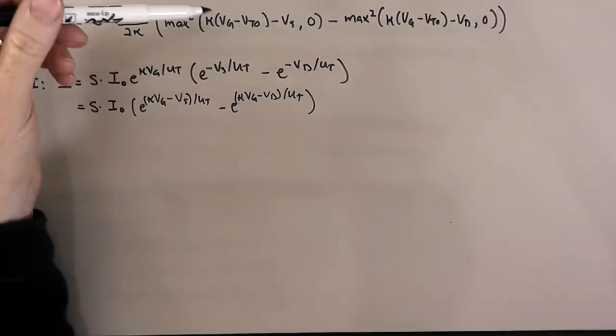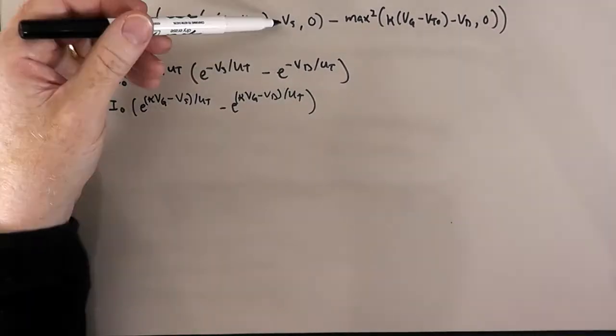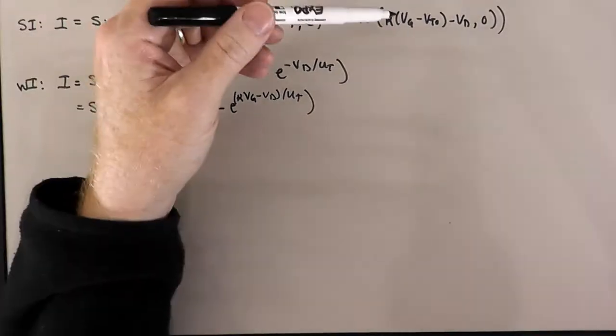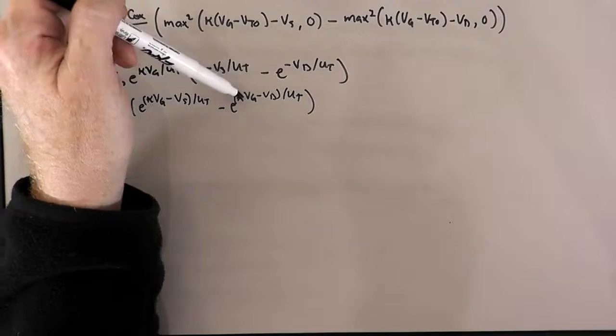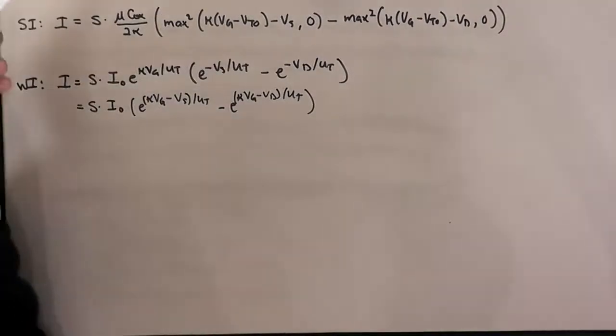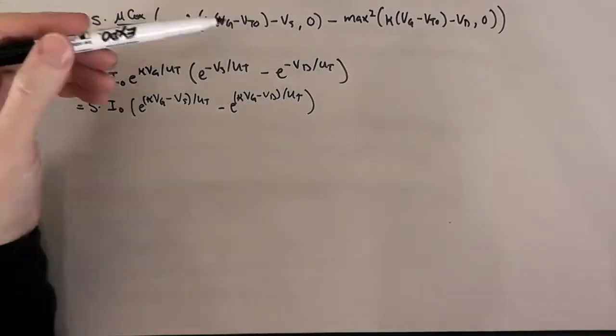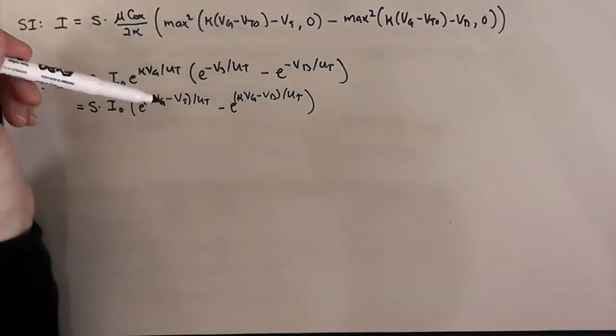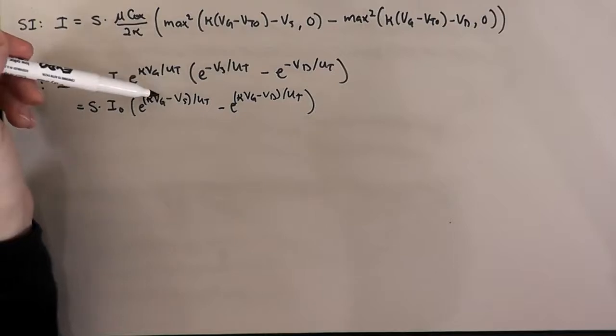And it gets even more similar because we have a kappa Vg minus Vs up here and a kappa Vg minus Vs down here, and we have a kappa Vg minus Vd up here and a kappa Vg minus Vd down here. So you may be thinking, well, this has a threshold voltage in it, a minus kappa Vt0, and this doesn't.